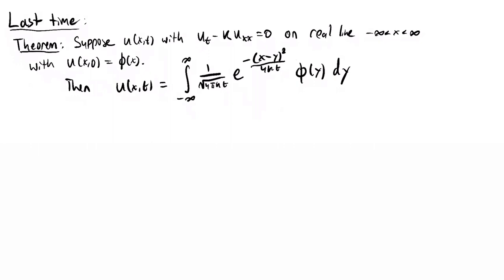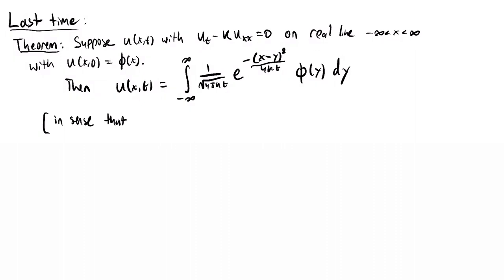Just one minor technical point: what does it mean for this to equal the initial condition when t is equal to 0? Notice if I just plug in t equals 0 here, there's a problem because I'm dividing by 0, and so it could be infinite if you're not more careful.